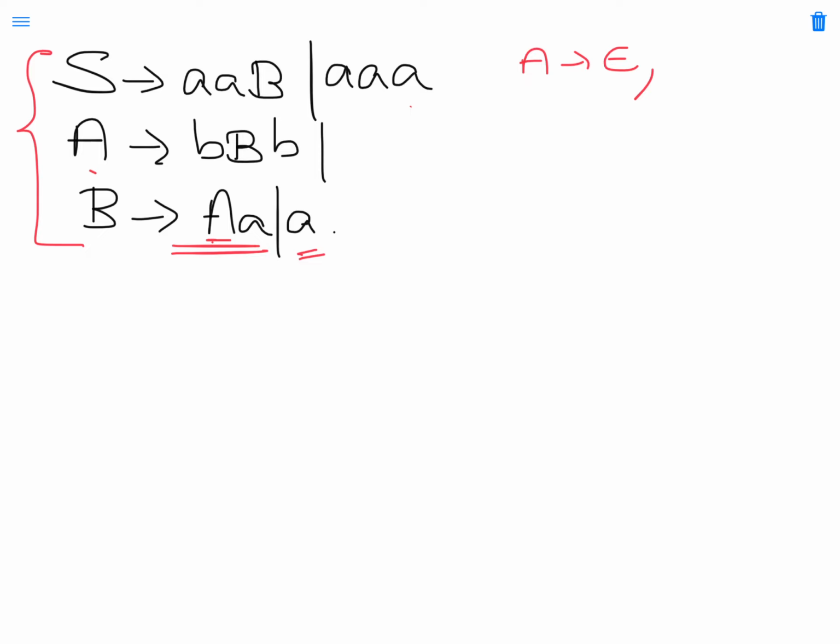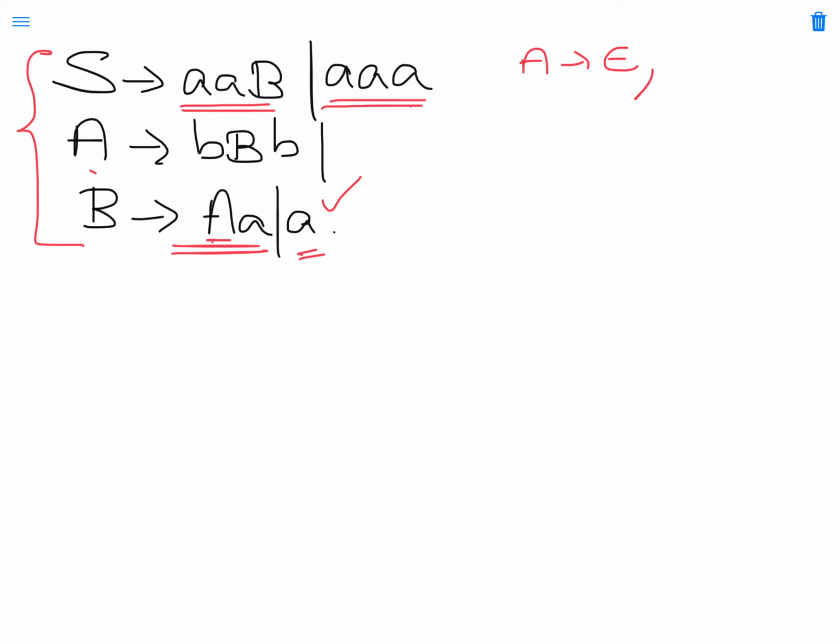Directly you will be able to convert it into GNF. So here you can see which productions are in GNF. Only B gives A is in GNF. The rest of them are not in GNF. The first production has two non-terminals.